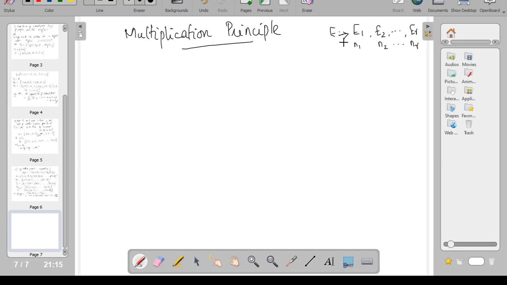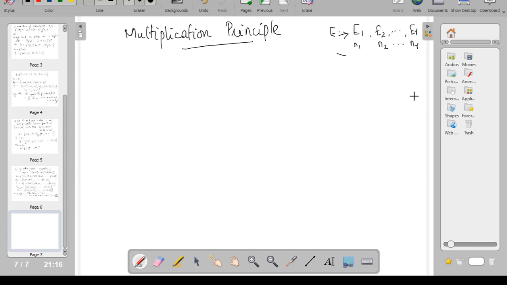For the event E to occur, E1 must occur, followed by E2, then followed by E3 and followed by ER. So in the multiplication principle, we look at the number of ways in which the event E can occur, where E1 must occur, then followed by E2, and ER also must occur.